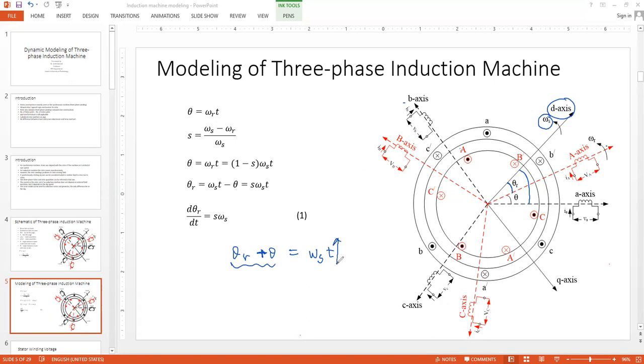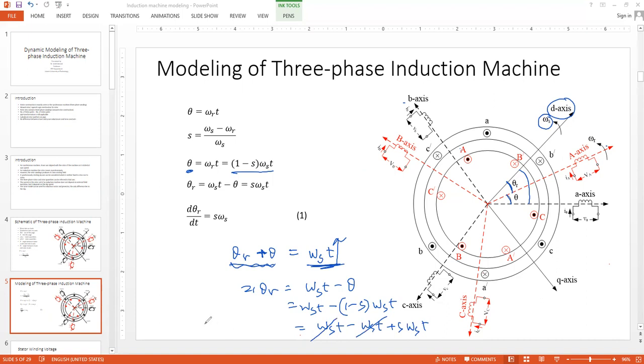As t increases, you will get theta and theta r, both will be there. So this is the relationship: theta r plus theta is omega s into t, and then theta r is simply omega s t minus theta. Once you get it, you replace theta from here. So omega s t minus 1 minus s omega s t. You simplify this: omega s t minus omega s t plus s omega s t. These two cancel out, so simply you get s omega s into t.